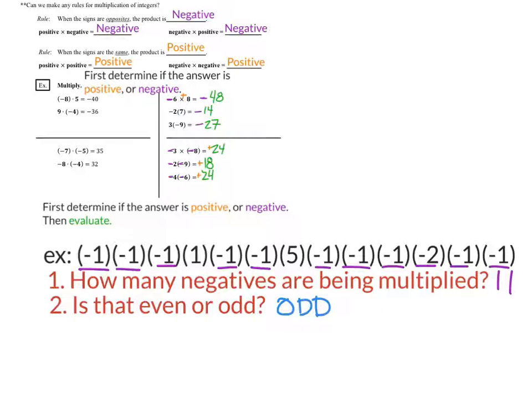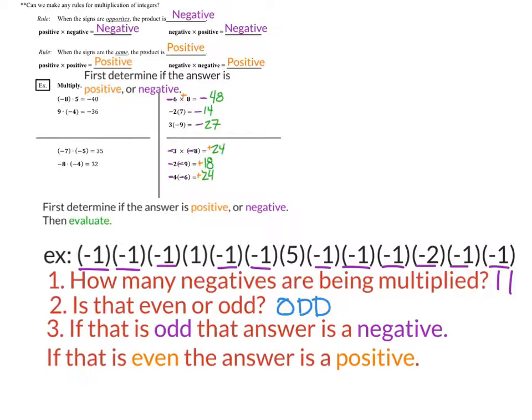It's more of the conditional part of this. So in determining if the answer is positive or negative, we've looked at these first 2 questions, but then if that is odd, the answer is a negative, but if it is even, the answer is a positive. Now in this case, we had 11, which is odd, so we know the answer is a negative.